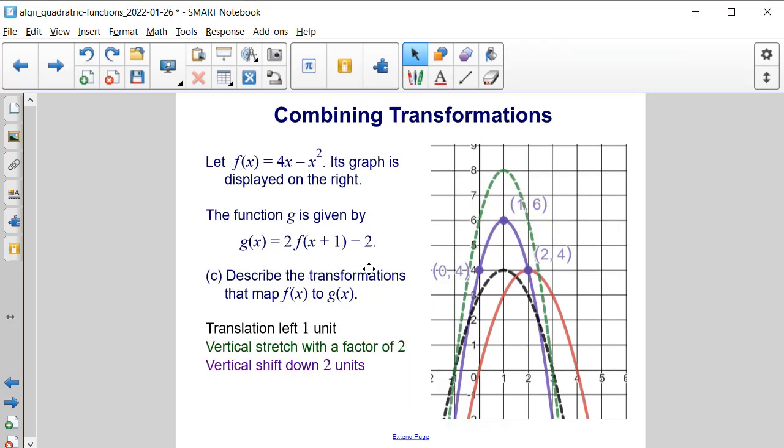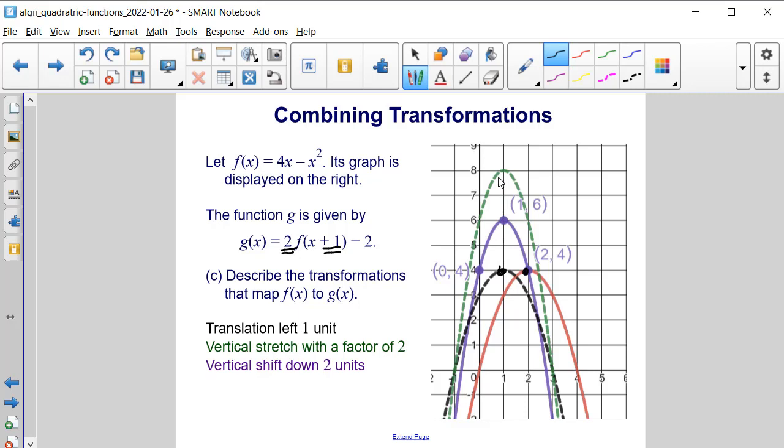Part C is to describe the transformations that map f of x to g of x. Well, we started off down here, and we first moved to the left 1 unit. So we went from here to here, and then we have a vertical stretch away from the x-axis by a factor of 2.